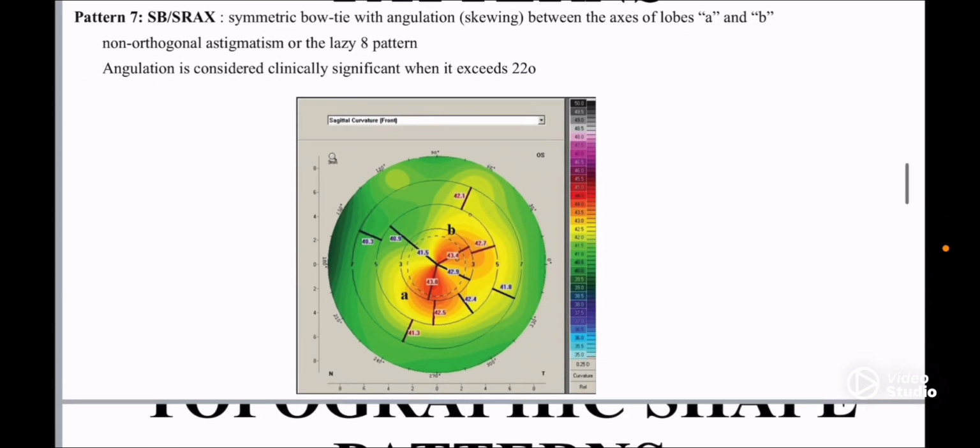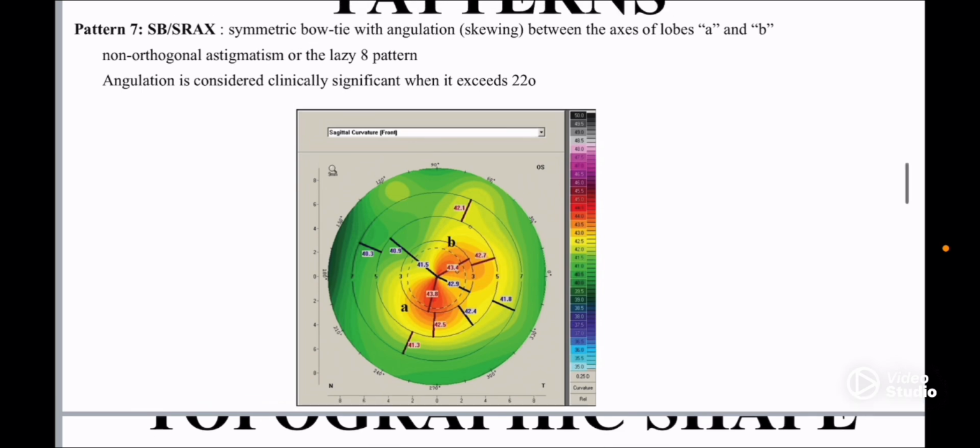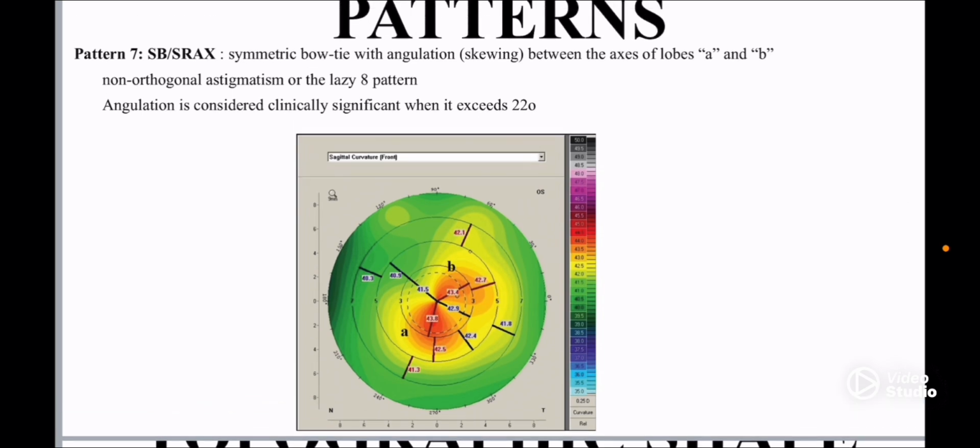Coming on to pattern number 7, which is symmetric bow tie with angulation or skewing between the lobes A and B. It is non-orthogonal astigmatism or lazy 8 pattern, and the angulation is considered to be clinically significant when it exceeds 22 degrees.